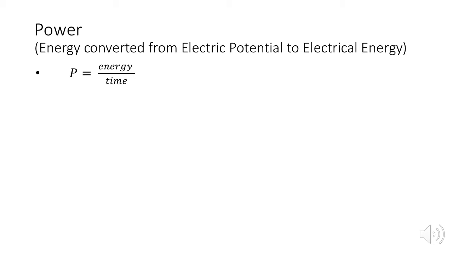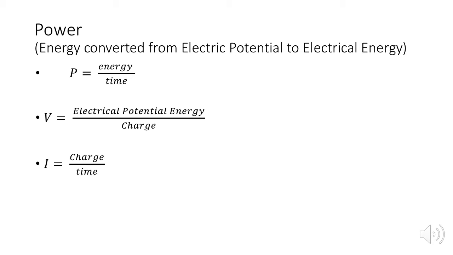So remember, power is energy per time. We also know that voltage was our electric potential energy per charge. Well, we also know that we're converting potential or stored energy into current or moving energy. And remember, our current is basically charge per time.